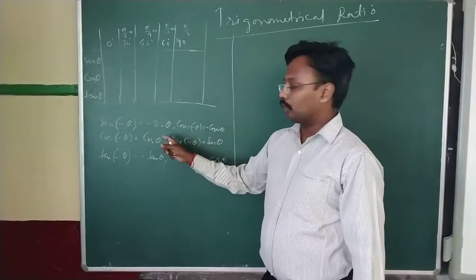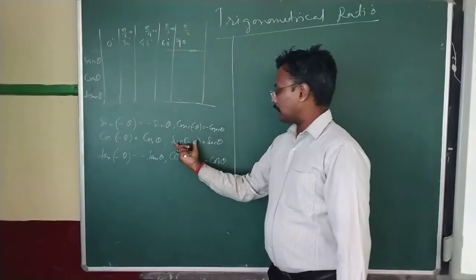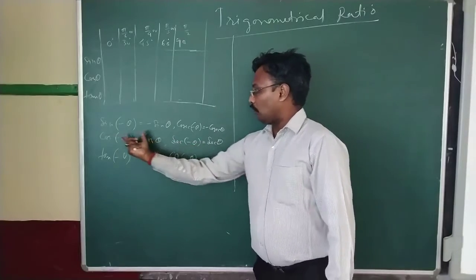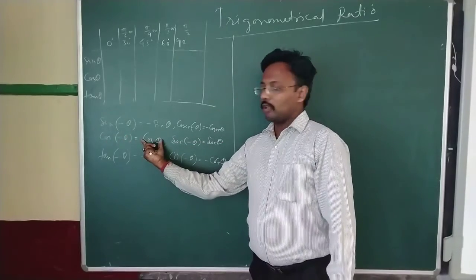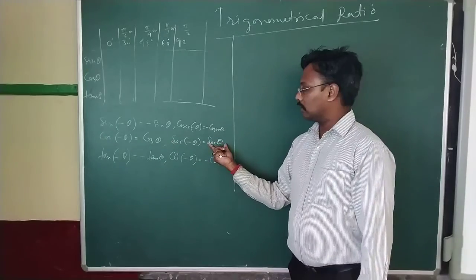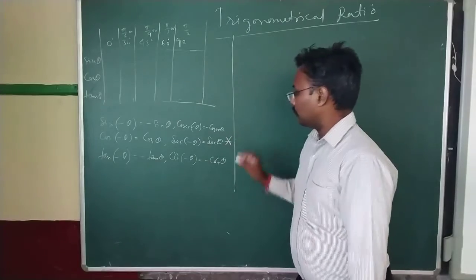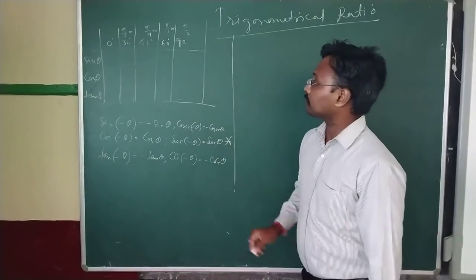But one thing I told you about cos of negative theta and sec of negative theta: cos of negative theta is plus cos theta and sec of negative theta is plus sec theta, and the rest all are negative. So this is the thing I told you to remember properly.